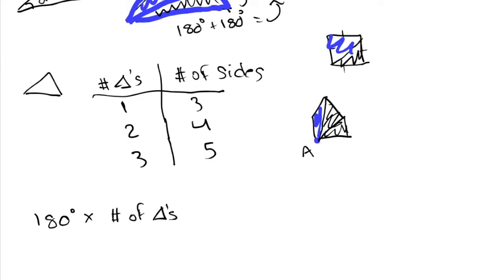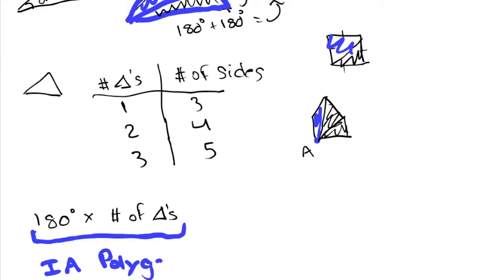So this is basically the formula for interior angles of any polygon, right? Now, what is the relationship for the number of triangles? Well, as we saw in our table above, the number of triangles is just the number of sides minus 2.